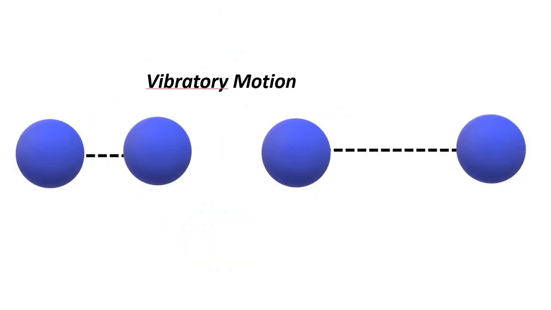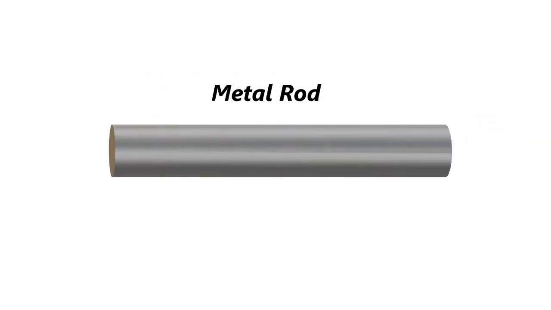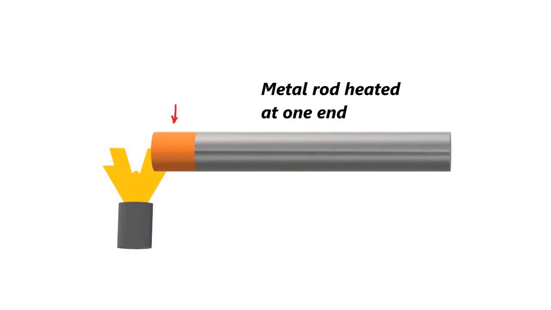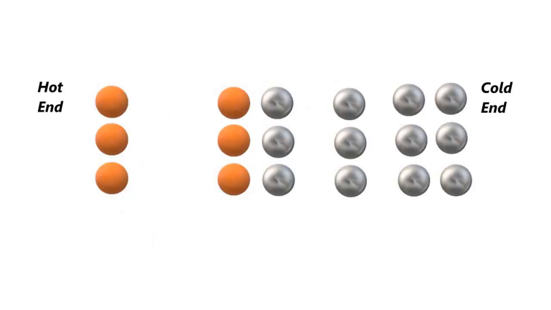So whenever an object is heated, let's say we have a metal rod and it's heated at one end, as soon as it starts getting heated, the three kinetic energies, that is rotational, translational and vibrational, their combined average kinetic energy starts increasing, and as a result the amplitude of their vibration also starts to increase. As a result of these increased vibrations or oscillations, they collide or strike with the neighboring molecules.